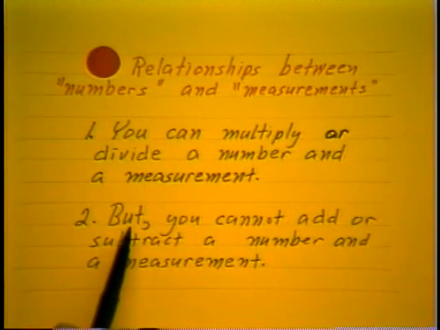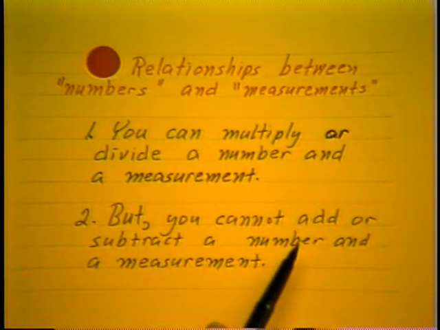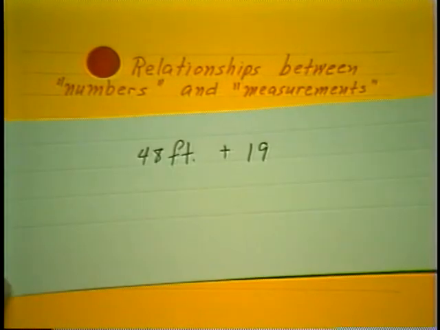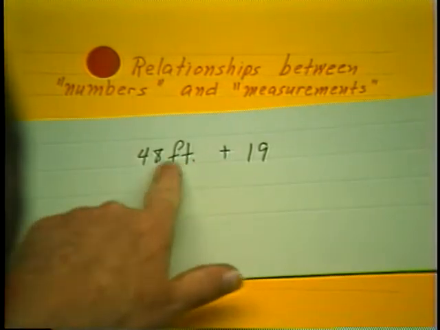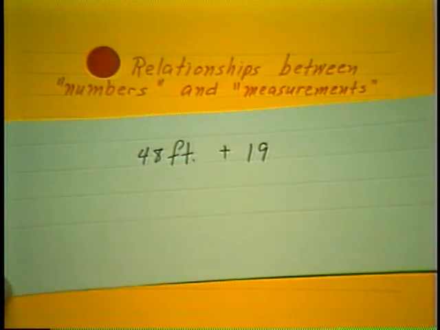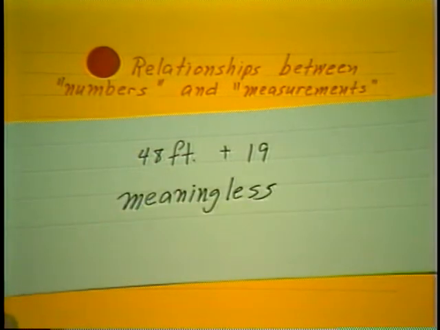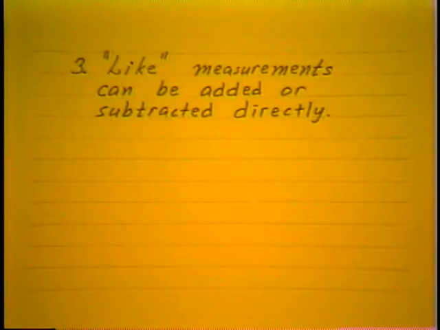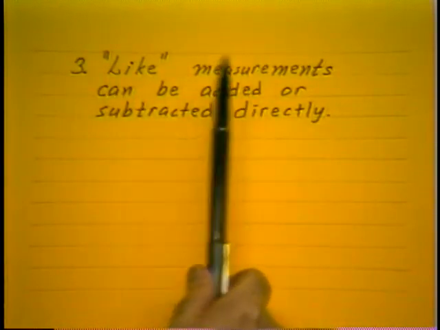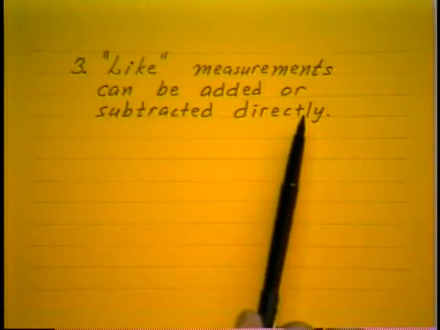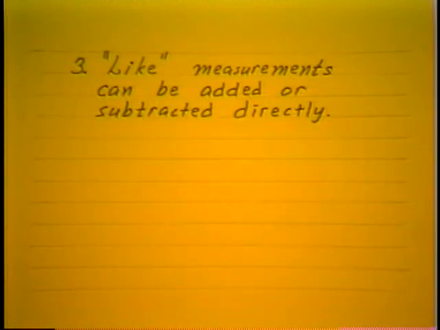But you cannot add or subtract a number and a measurement. This kind of a problem, 48 feet, a measurement, and 19, a number, the sum of those is simply a meaningless statement as far as these next few lessons are concerned. Like measurements can be added or subtracted directly.